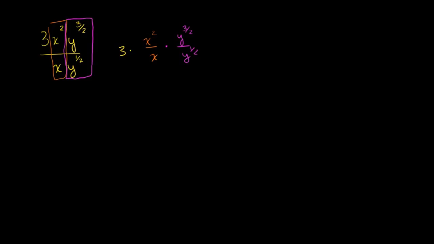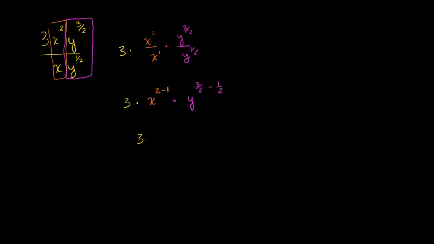Well, this is going to be equal to 3 times, what's x squared over x, or x squared over x to the first power? That's going to be equal to x to the 2 minus 1, and then this is going to be times y to the 3/2 minus 1/2. So what does the whole thing become?